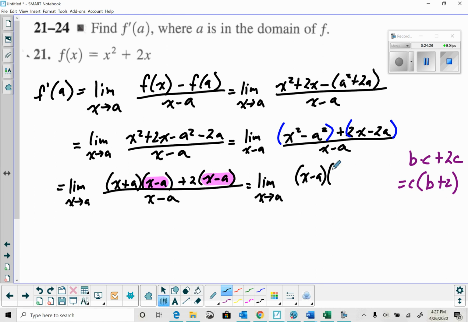This first factor was left over, so that's x plus a plus, from the second set, 2. Again, if you need to rewind and rewatch that, this is not black magic, this is not voodoo, this is factoring.